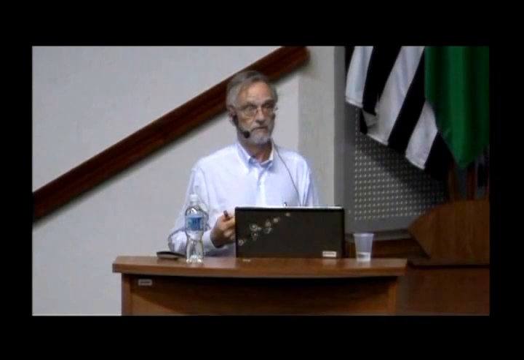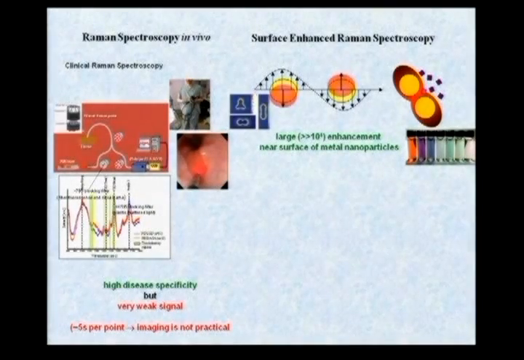There are reports that the enhancement can be as high as 10 to the 15, depending on the exact conditions. The enhancement factor depends on a lot of different things, including the shape of the nanoparticles, and essentially comes about because of the light, which is an electromagnetic wave, going past these metal nanoparticles.